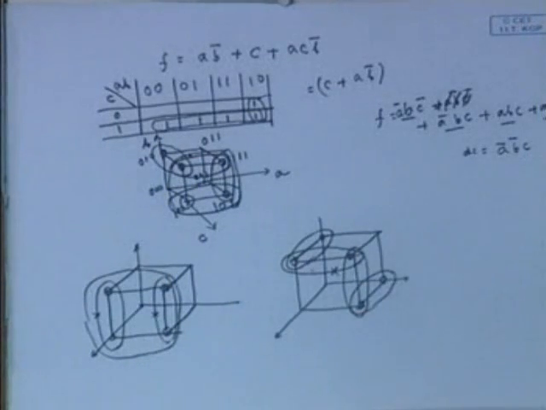Suppose you remove this. The next step is the expand step. Sorry, reduce step. This is the irredundant step, you throw out redundant cubes.